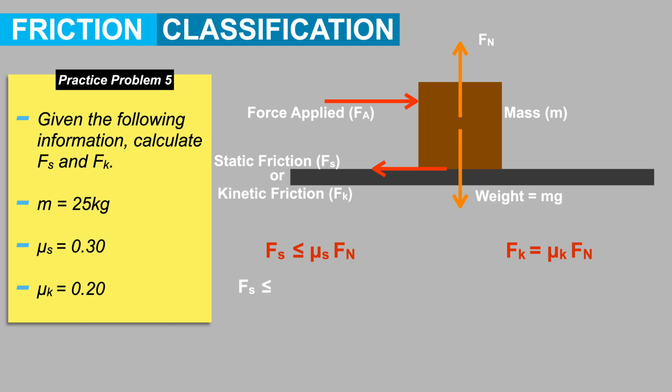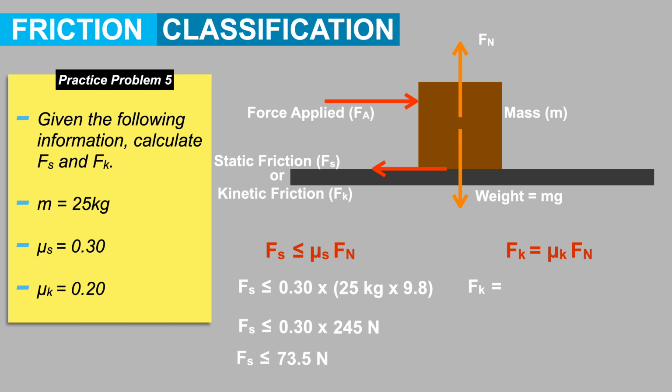Fs is less than or equal to the coefficient of 0.30 times normal force, which is mass of 25 kg multiplied by the force of gravity of 9.8 meters per second squared, which will give us 0.30 times 245, and that equals 73.5 Newton.